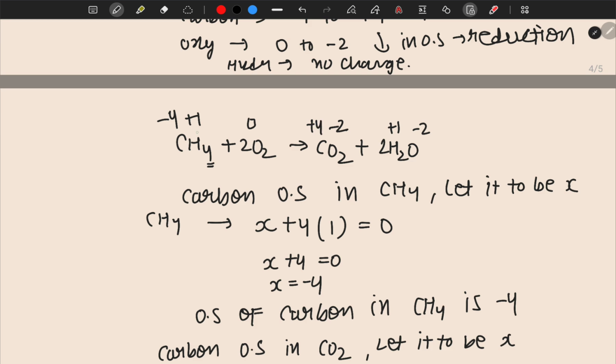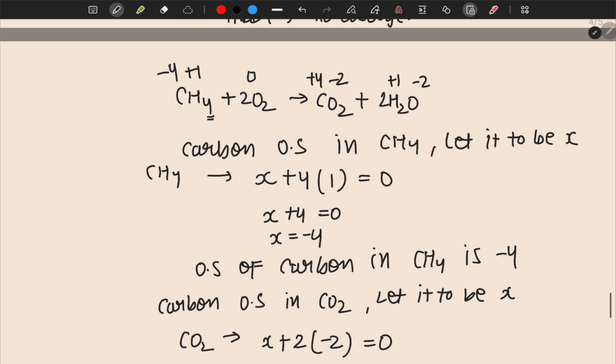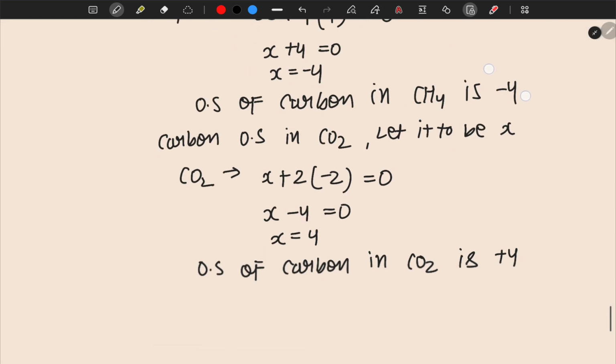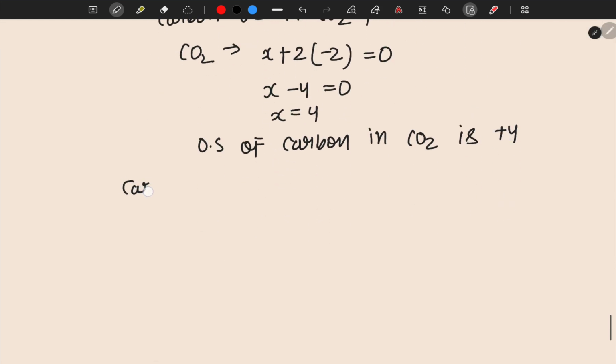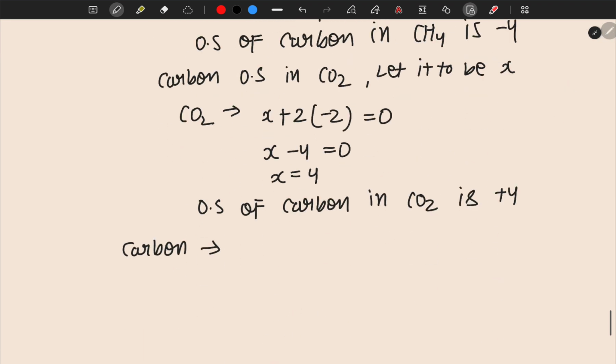Now as we have the oxidation state of every species in this reaction, that's how you are going to check. So see, I have the oxidation state of carbon here, of hydrogen, of oxygen, of carbon here, of oxygen here, of hydrogen, oxygen. That's great. So for carbon, how has the oxidation state changed? From -4 it is going to +4.